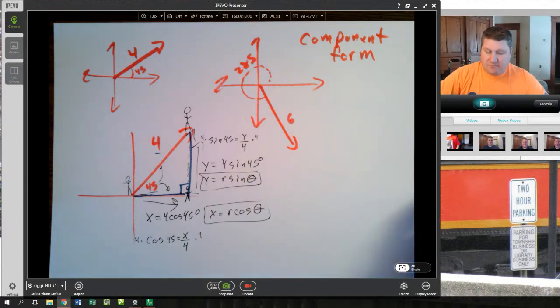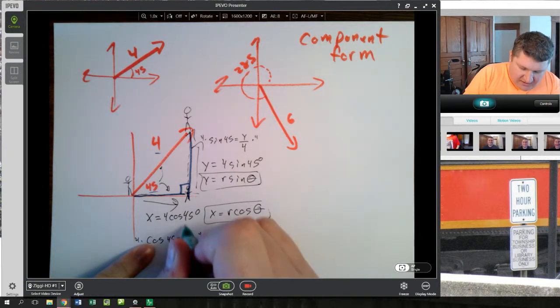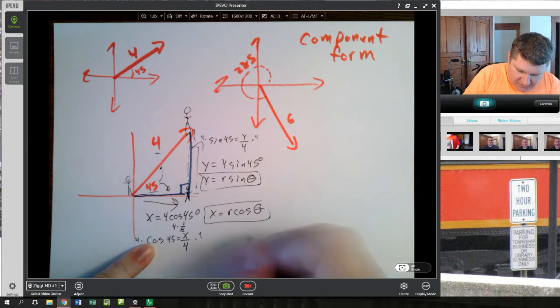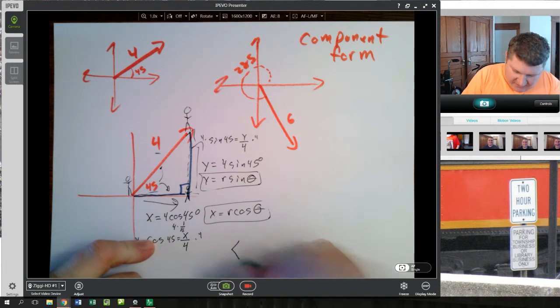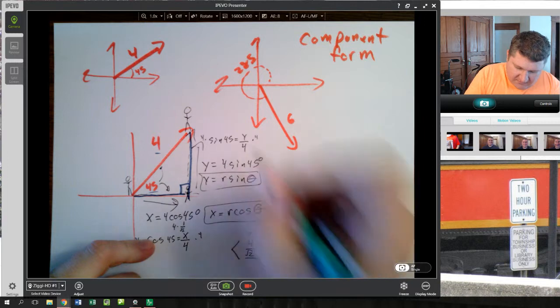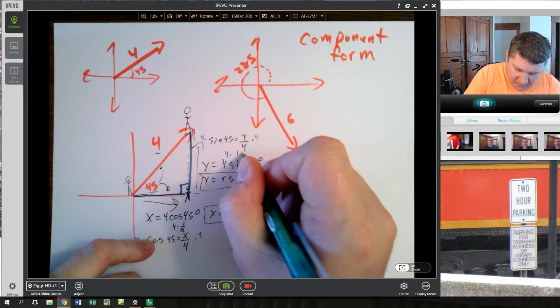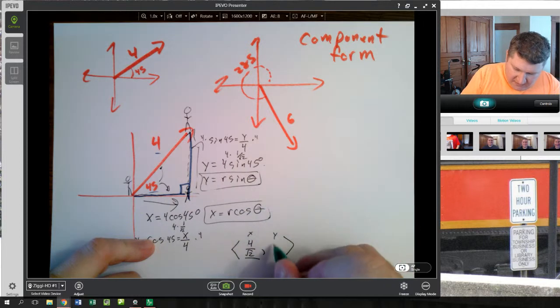So from that, we can actually find these. Now, of course, we know that the cosine of 45 is 1 over root 2, so 4 times 1 over root 2. I have the x part of the vector is 4 over root 2, comma. The y part of the vector is, well, sine of 45, 4 times 1 over root 2 is 4 over root 2 over here as well.